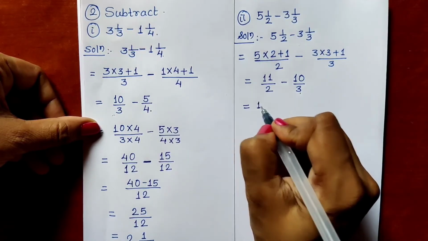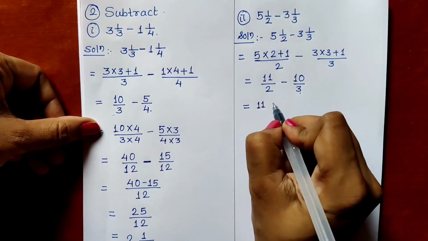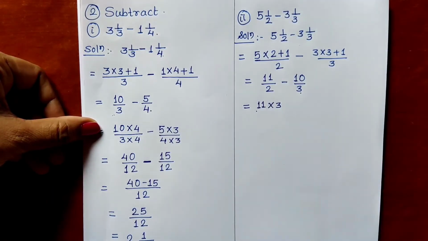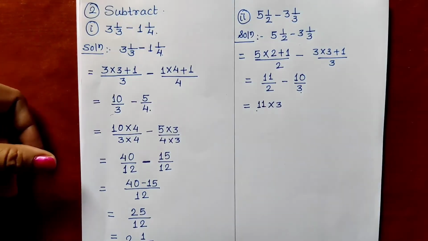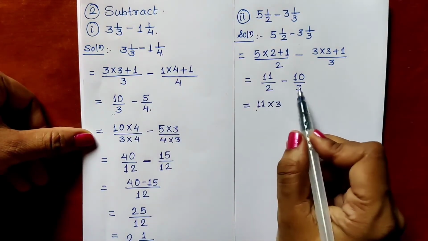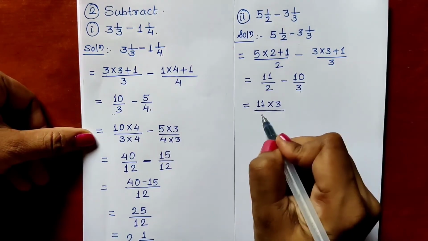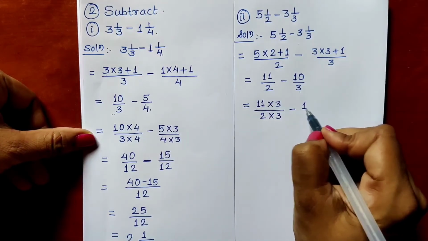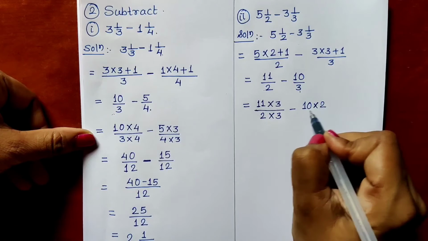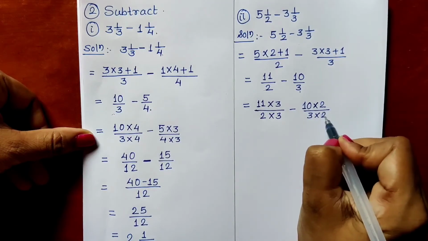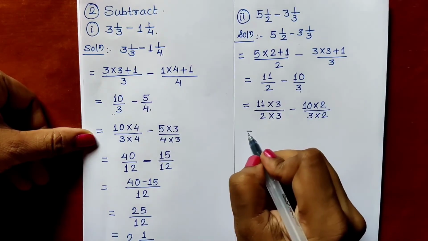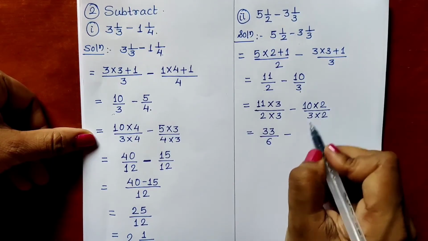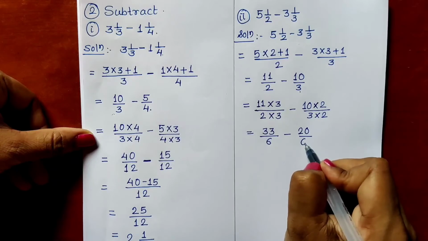Multiply. 11 into 3 upon 2 into 3 minus 10 into 2 upon 3 into 2. Solve. 11 threes are 33, 2 threes are 6, 10 twos are 20, 3 twos are 6.